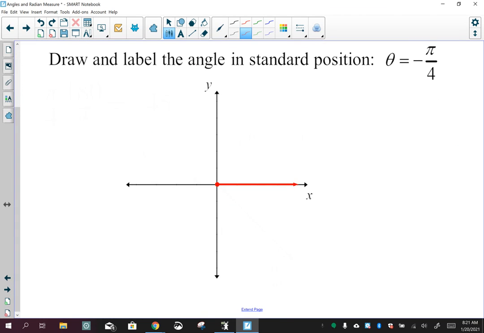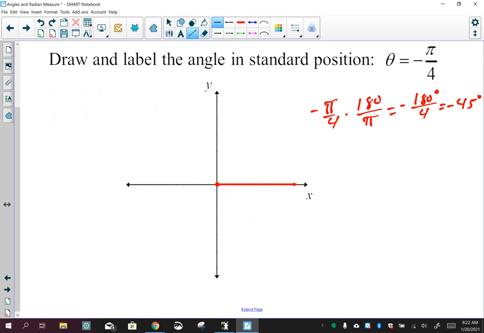But at this point you don't know what negative pi over 4 is. So you're going to convert this to degrees. We have negative pi over 4 times 180 over pi. That gives you negative 180 degrees over 4, which is negative 45 degrees.